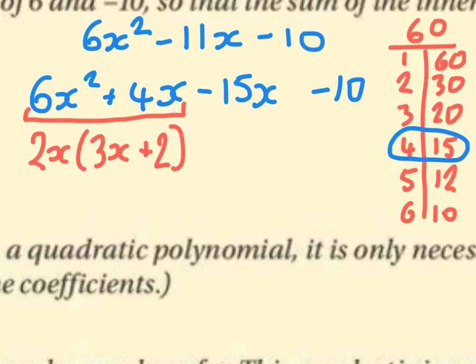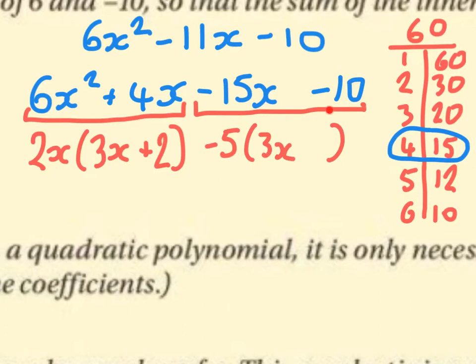Then I'm going to do the same on the right hand side, minus 15x and minus 10. So what will divide into both of them? Well, minus 5 will divide into both of them. So minus 5 into minus 15x is going to give me 3x.